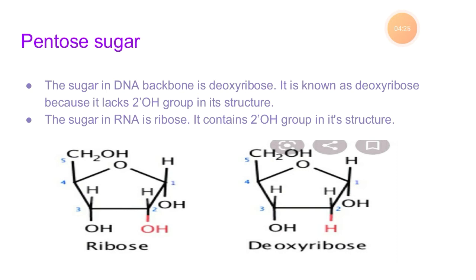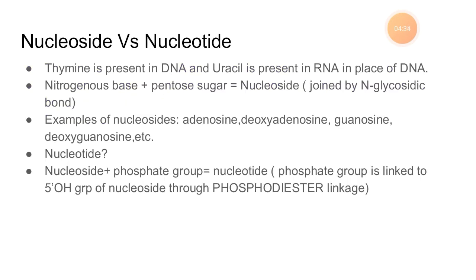This is the basic difference, and you can find ribose sugar in the RNA backbone and deoxyribose sugar in a DNA backbone. Similarly, thymine is present in DNA and uracil is present in RNA in place of it. Both are pyrimidines. There is a single difference: you will find thymine in DNA, and in place of thymine you will find uracil in the case of RNA.